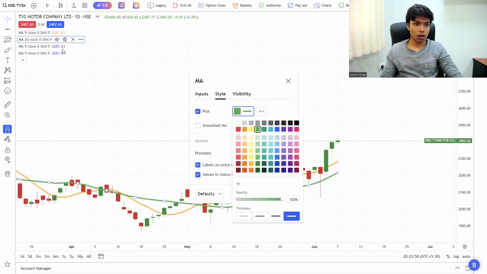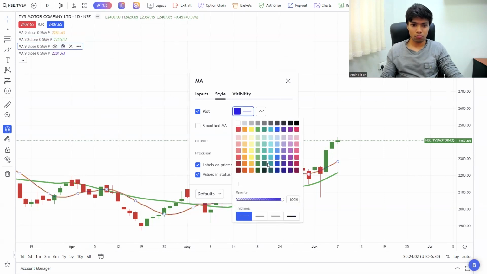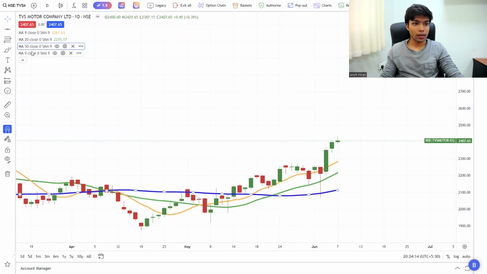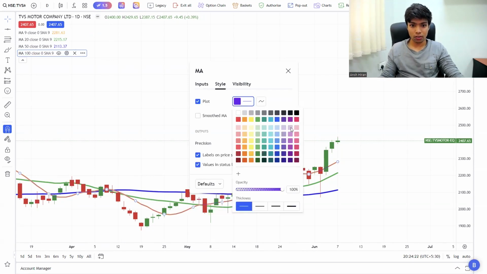Another one, let's make it blue. Okay, fine. And I will make it 50. I'm changing the length of the average. That's 50. And now let's make it 100. Let's make the length 100. 100 moving average. And let's make it black.